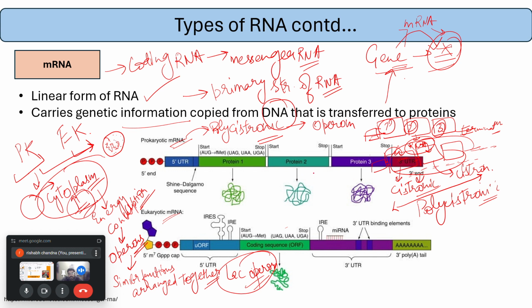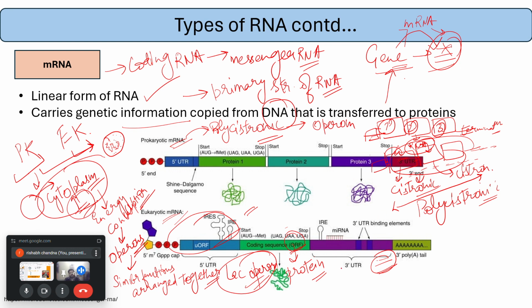So what do we see in the eukaryotic gene map? We have a promoter region that helps in the particular production of the mRNA, followed by the coding sequence, or the ORF, that encodes a protein, followed by the endpoint, or the termination point of the mRNA.